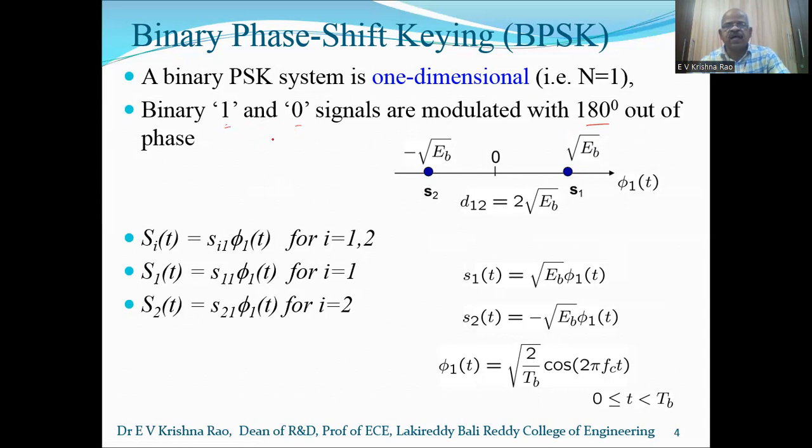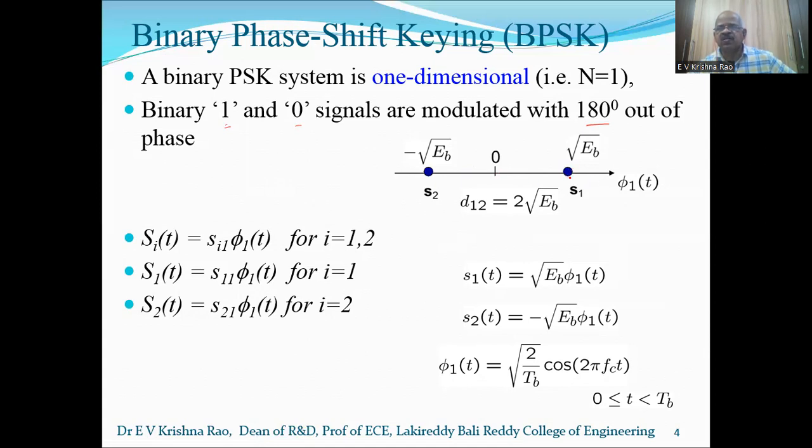Any phase can be modulated, but there is 180 degrees out of phase between binary 1 and binary 0. If you observe the space diagram, in the generalized n-dimensional orthonormal signal vector, one dimension is sufficient.